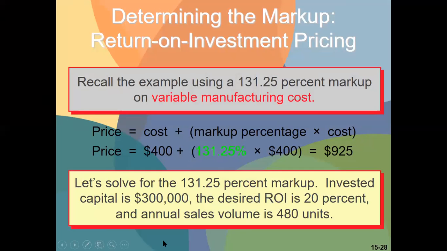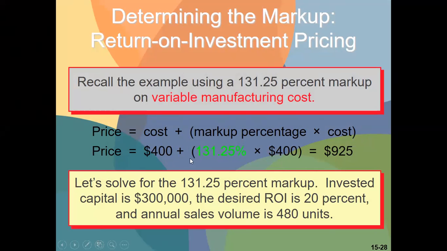We have to recall that in part one, we computed the markup on variable manufacturing cost as the amount of the markup divided by, of course, the cost. So in this particular sample of pricing, in which variable manufacturing cost is the basis, we have to compute the markup percentage.